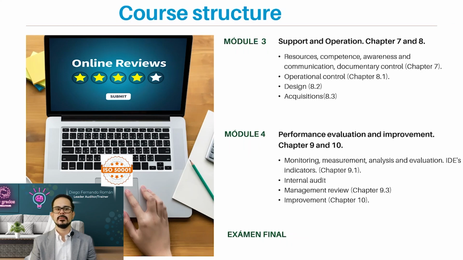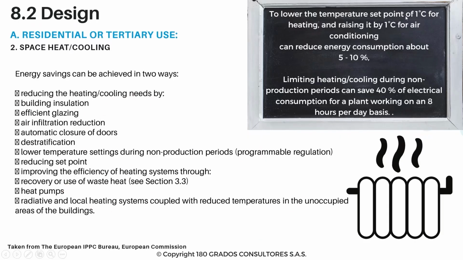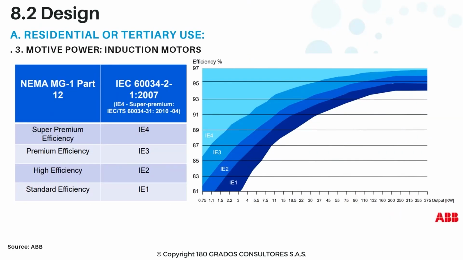Module 3 is about support and operation, covering chapters 7 and 8. We will discuss resources, competence, awareness, communication, documented information control, operational control, design and acquisitions, for example.